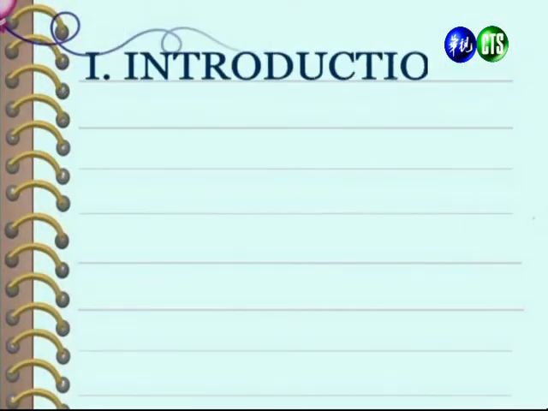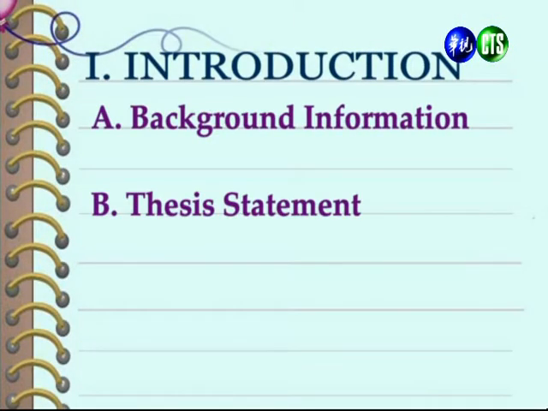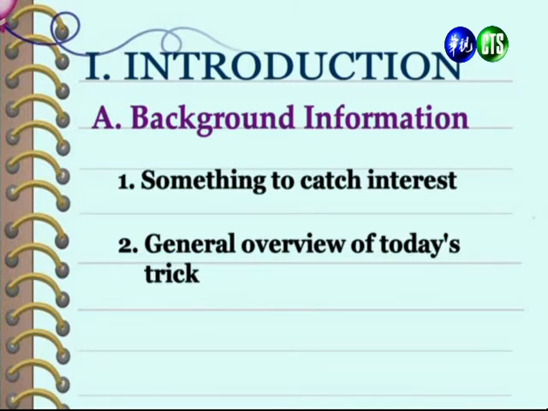Our introduction is going to include some background information about the trick and also our thesis statement. Now, as we develop our introduction, we could decide what kind of background information to include. And the most important kind of background information to include is an overview of the trick.